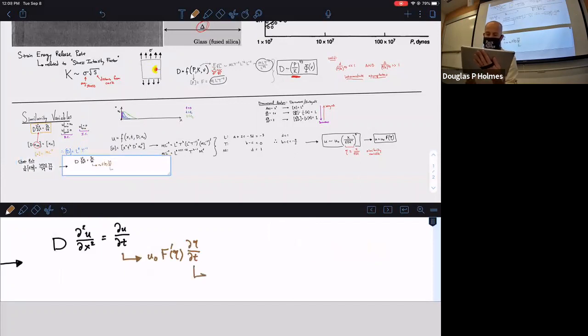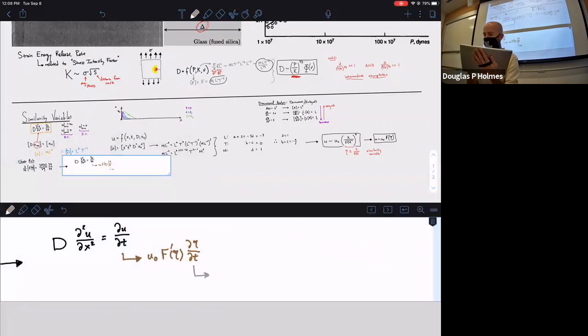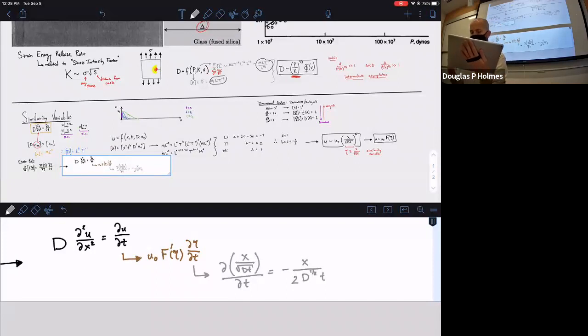So this quantity, let's change that color. I'm looking at the partial derivative of this awful thing, x over root Dt, with respect to time, which is equal to negative x over 2 D to the 1/2 times t to the 3/2.